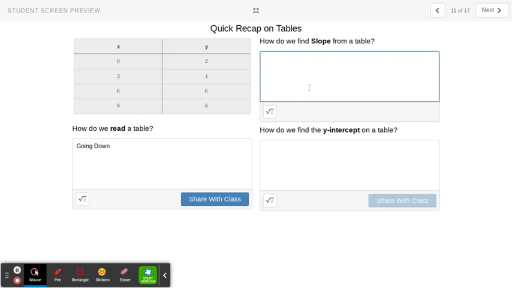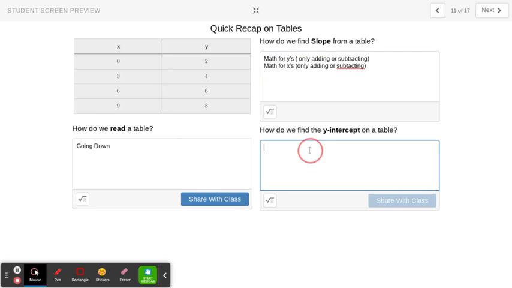How do we find the slope from our tables? We first figure out the math for our y's, like what math we're doing, which is only adding and subtracting. And then we find the math for our x's, which is, again, only adding or subtracting. And we write them as a fraction as well, like this fraction, math of y's on top, math of x's on the bottom.